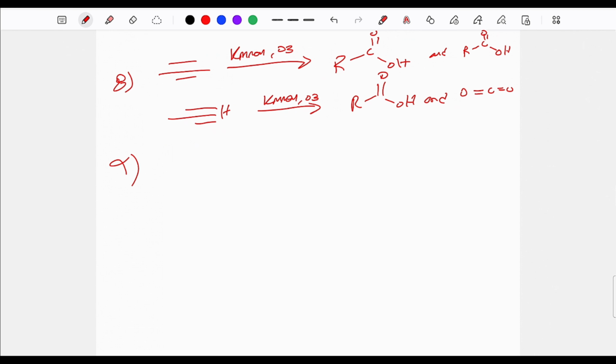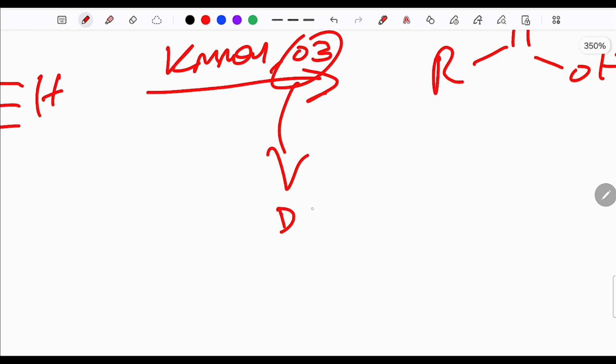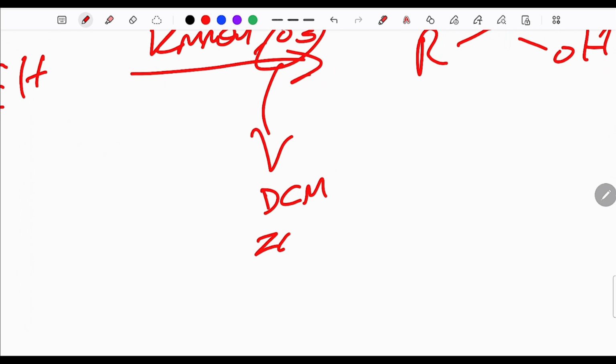Again, oxidative cleavage, it's ozonolysis followed by a hydrolysis, or it could be permanganate oxidation. Remember the conditions for this, right? You did this in dichloromethane, and the second step involved zinc and acid, right?